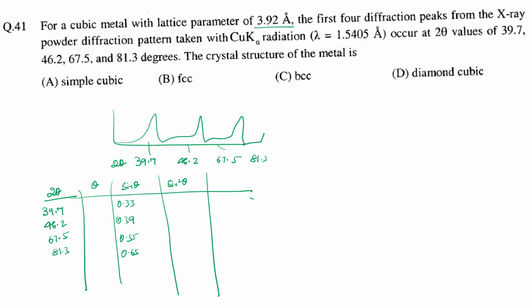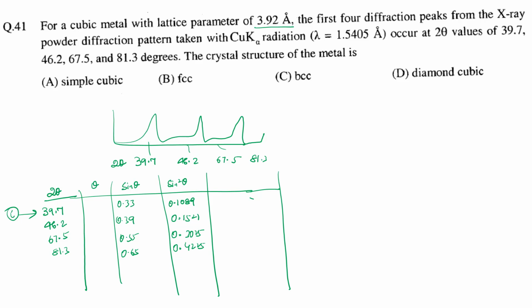The sine square theta values will be 0.1089, 0.1521, 0.3025, and 0.4225. After that comes the important step. Whatever the first value is, we divide all the values by the first value.